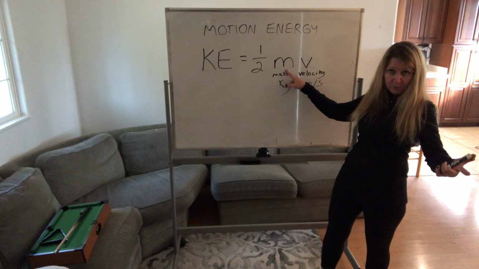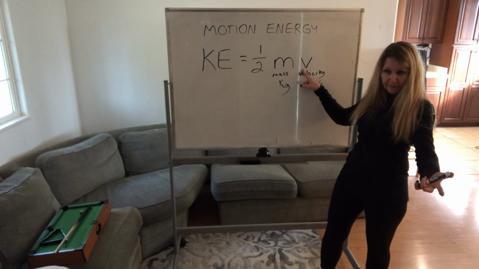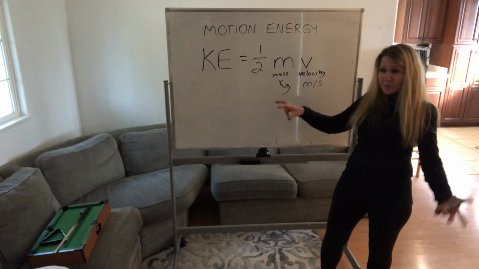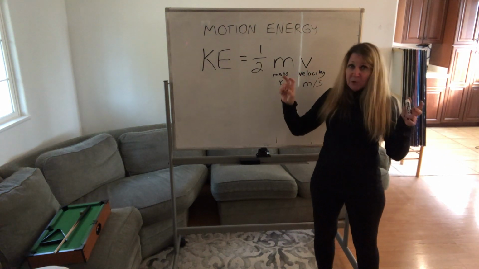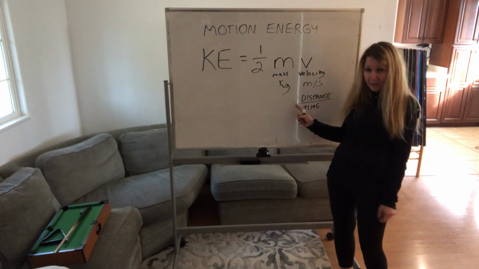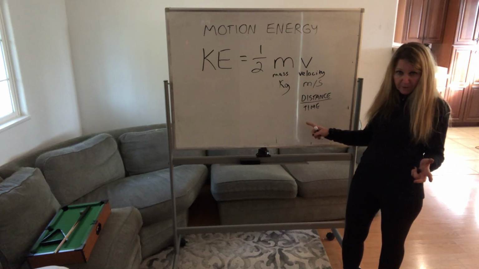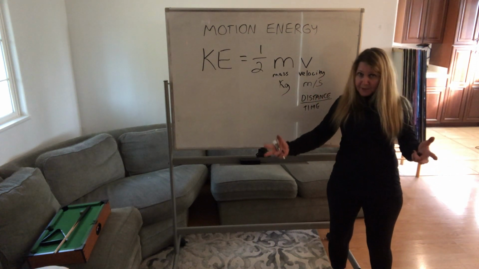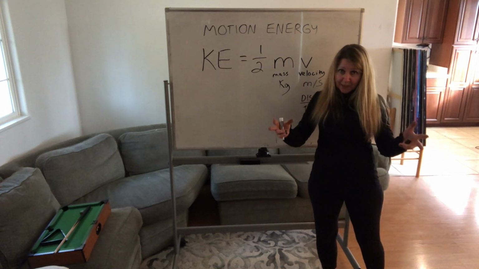Let's say we know the mass of the roller coaster, and we know its velocity. We know the speed. In this case, when we're using velocity, we would use the same formula as the speed formula, which is the same formula for speed and velocity: distance divided by time. So if we know the velocity and we know the mass of the roller coaster, we can figure out what the kinetic energy is.